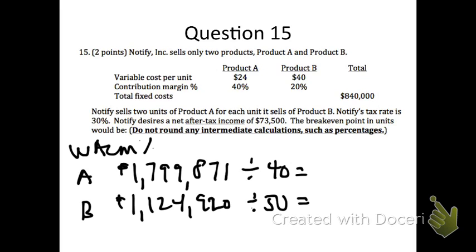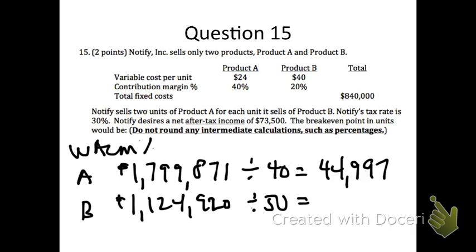So let's see what we get. We should get really close, and we do: 44,997. And on the exam, I'll be able to tell if you rounded, so I wouldn't worry too much about rounding the wrong way on this.